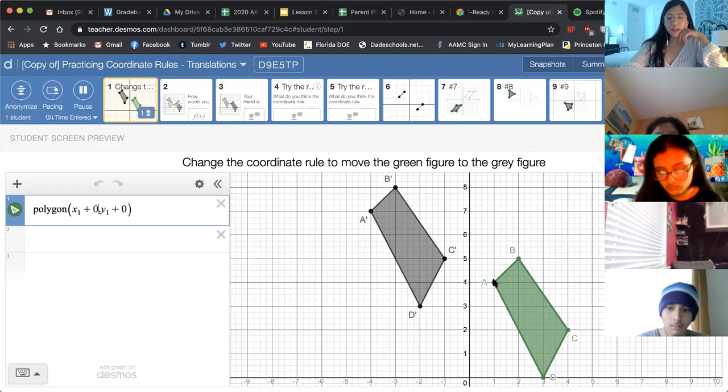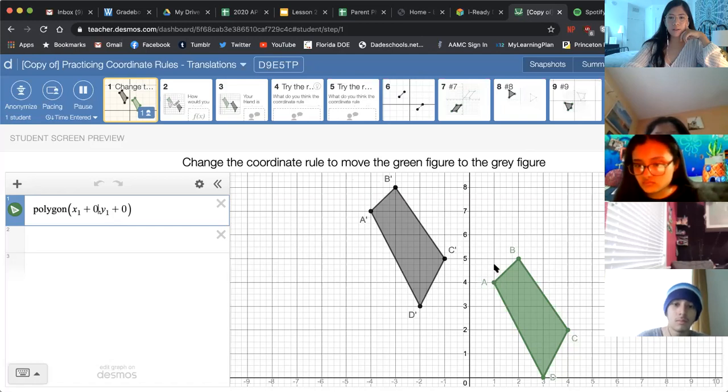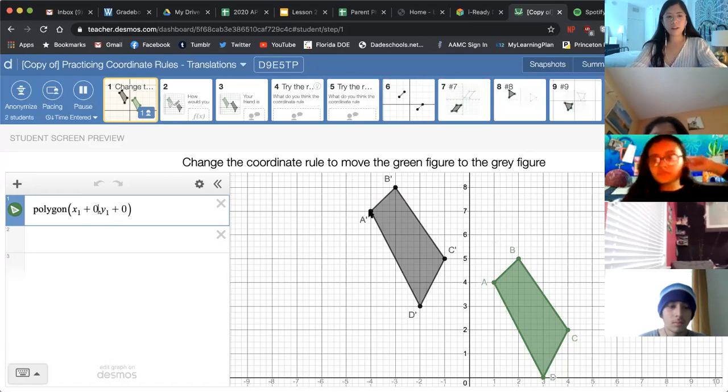I count, and I can see that for point A, in order to go from A to A prime, I go 1, 2, 3, 3 units up, and then 1, 2, 3, 4, 5 units to the left. So I know this is going to be x minus 5. I'm going to go to the left side and start changing the numbers.